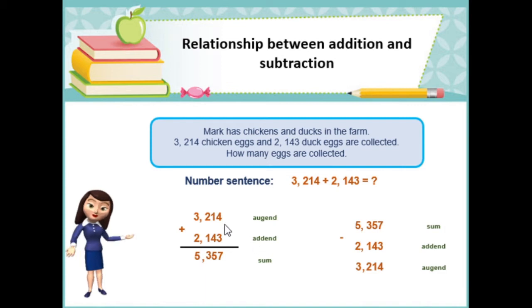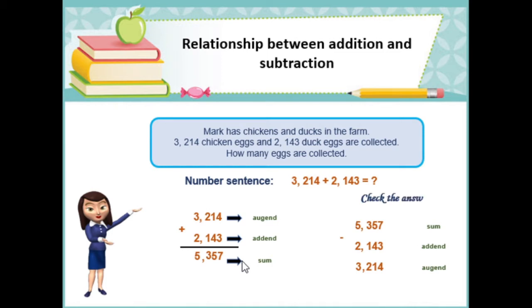Remember, 3,214 is our augend. 2,143 is our addend. And of course, 5,357 is the sum.